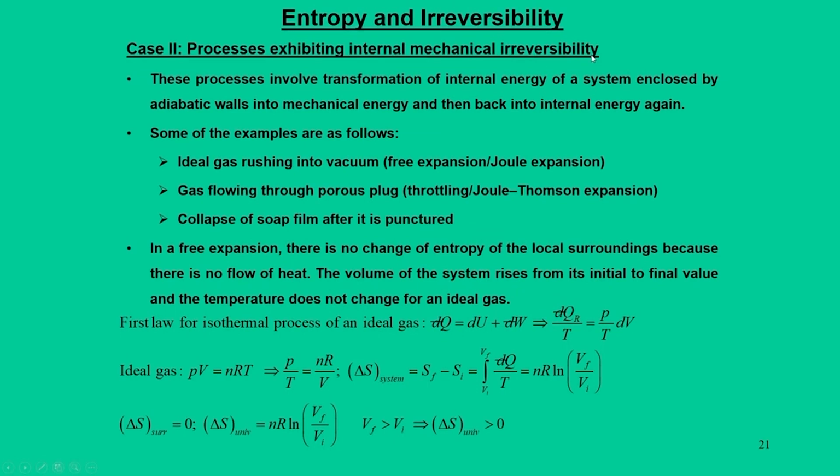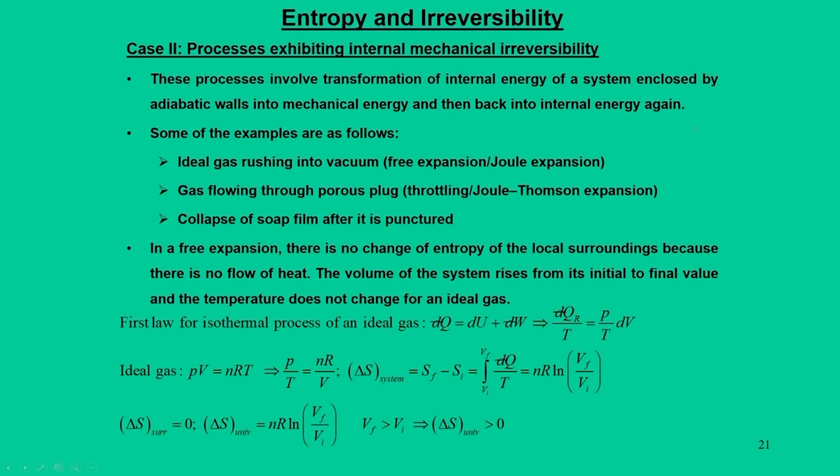The earlier case was external mechanical irreversibility, and this case is internal mechanical irreversibility. They are characterized by the fact that the transformation of internal energy is done in systems enclosed by a closed adiabatic wall.